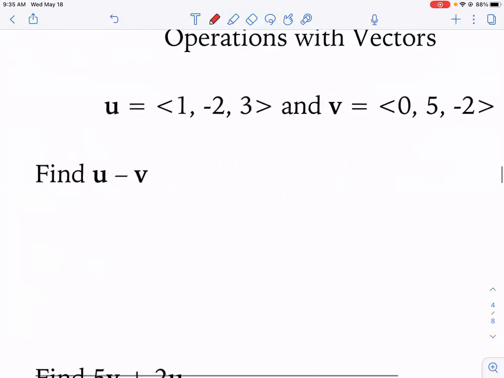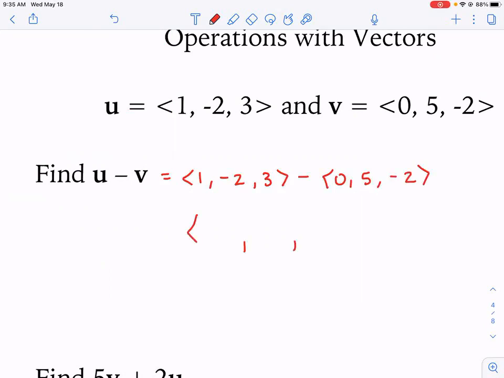Okay, I want to find u minus v. So we are taking 1, -2, 3, and we are subtracting 0, 5, -2. Write down what you think the answer is. Write down what you know.